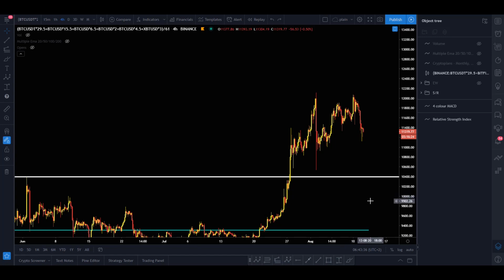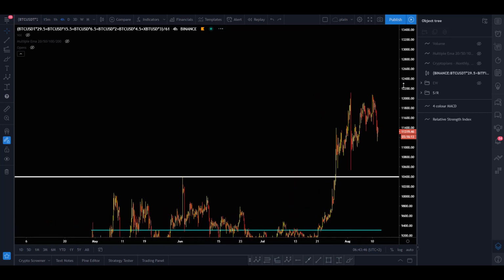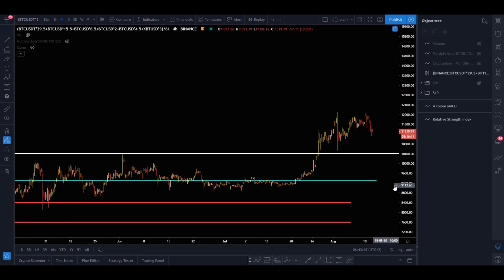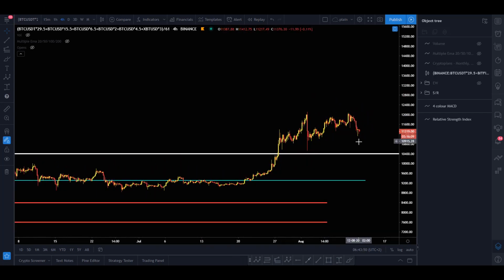Whereas we still have a CME gap around here. I doubt we go that low, but there is still a CME gap. So that's basically what I see on my support resistance chart. Possibly one more leg to the downside before going higher.